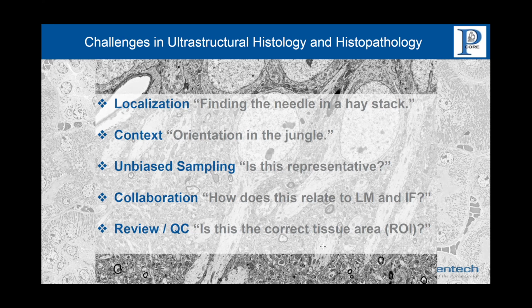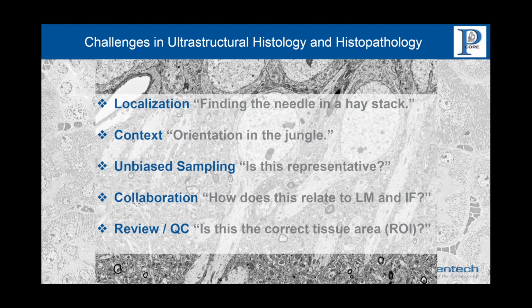These are localization. How do you find your needle in the haystack? Then context. How do we make sure we find our way in this complex tissue and don't lose orientation? Unbiased sample. How do we make sure we find the correct area, but we are not biased in our imaging fields? And then most importantly, collaboration.